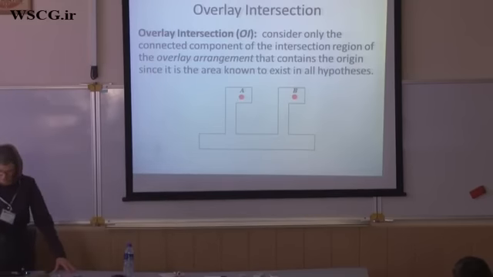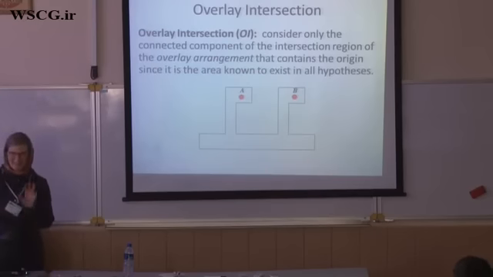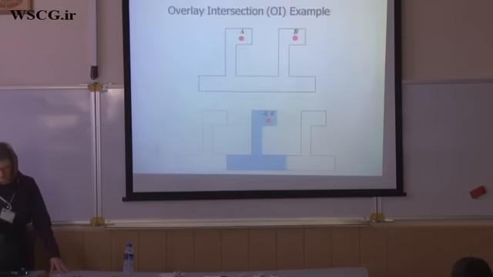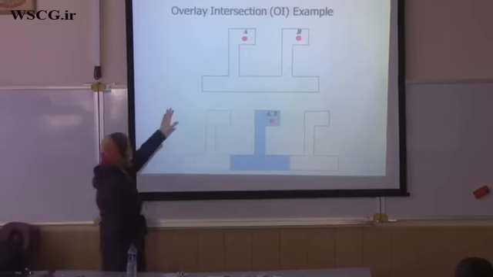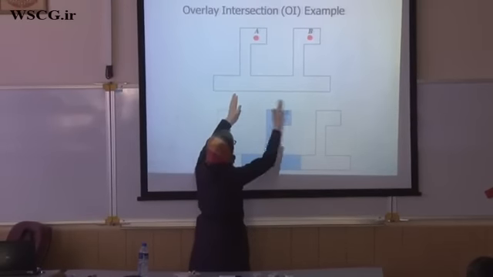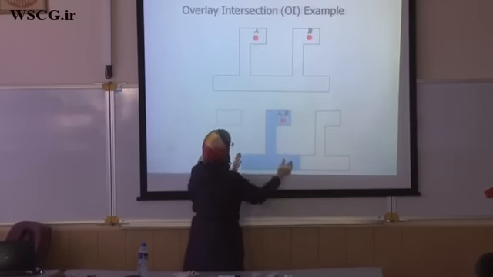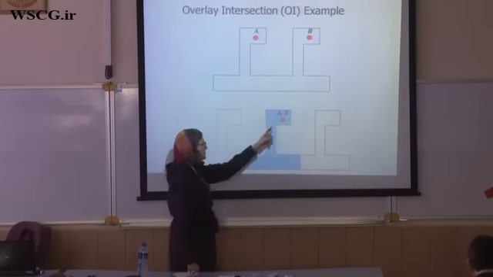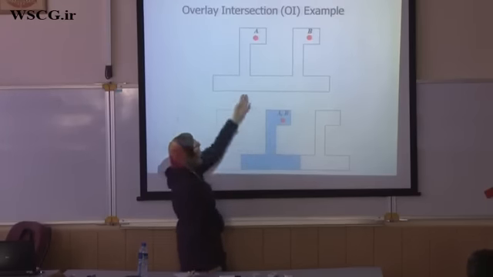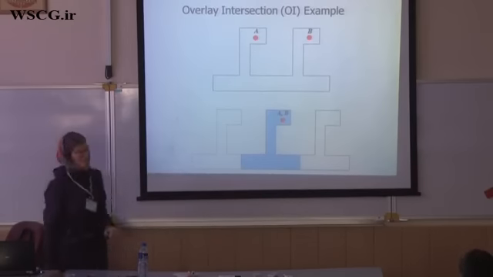So it contains the origin, and it's an area that's known to exist, no matter which hypothesis might be the correct one. By the way, these pictures look similar to one another, but you'll notice from slide to slide they change slightly, right? Sometimes we have four legs that stick up, and sometimes just two, and so forth. So okay, here's the original shape, and now we mapped B to A. There it is, and now we look at the region that A and B both agree lives in their situation.